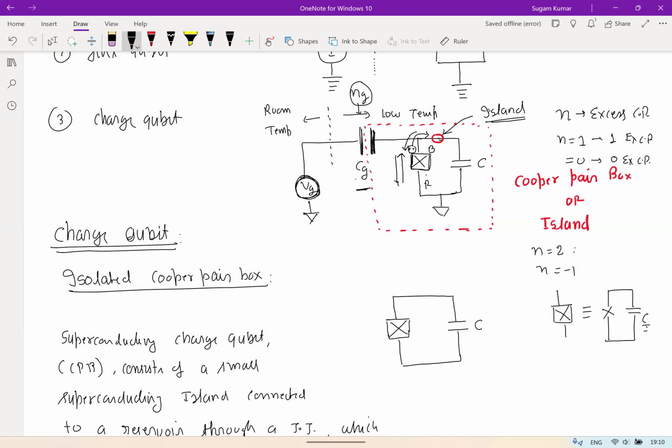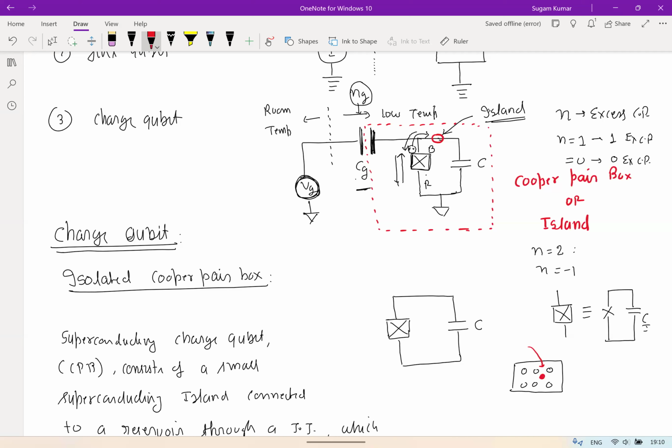Think about a normal superconductor, in which in equilibrium you already have 6 Cooper pairs. Then you inject 1 Cooper pair from the outside, then I will say there is one excess Cooper pair.